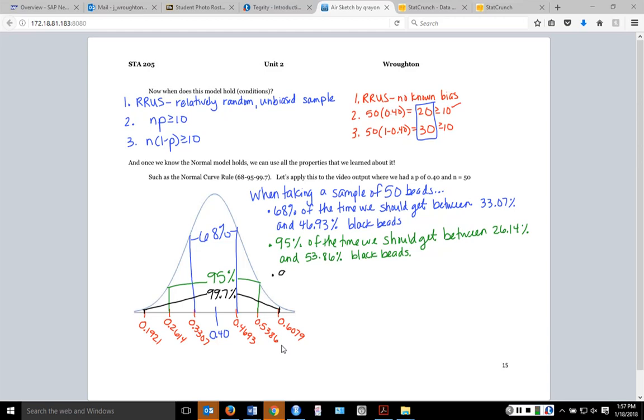So then 99.7% of the time we should get between 19.21%, so that 0.1921 in decimal form, and 60.79% black beads.